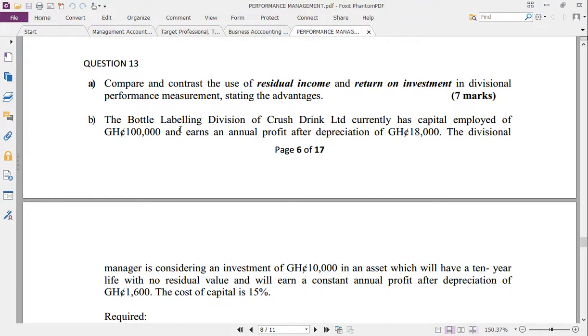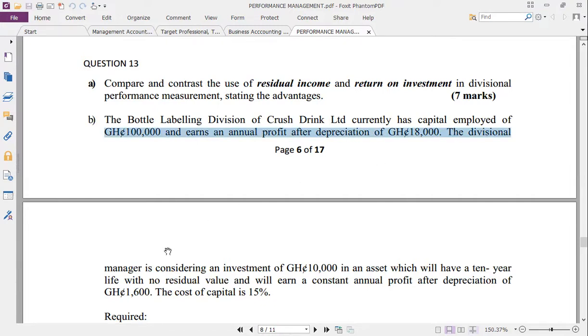The bottle labeling division of Crash Drink Limited currently has capital employed of 100,000 and earns an annual profit after depreciation of 18,000.